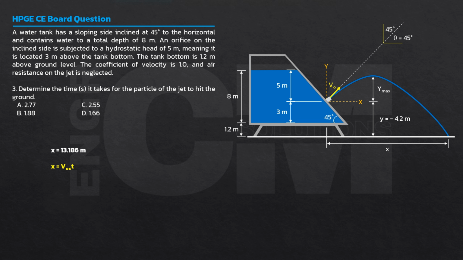It is simply distance equals velocity times time. The total time equals distance x over VOX, where VOX is the horizontal component of VO. So if x is 13.186, VOX is VO cosine of 45 degrees, 9.905, which we got from the previous slide. So the answer, the total time, is 1.88 seconds.